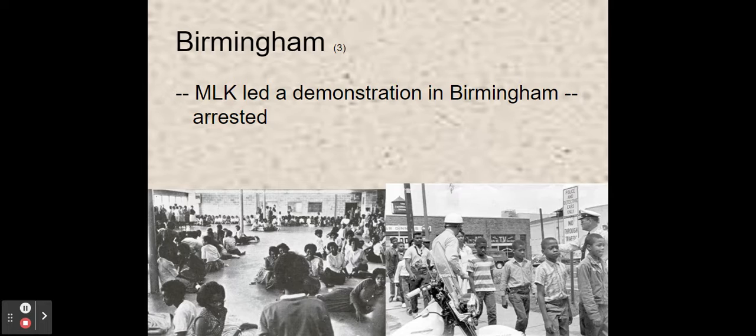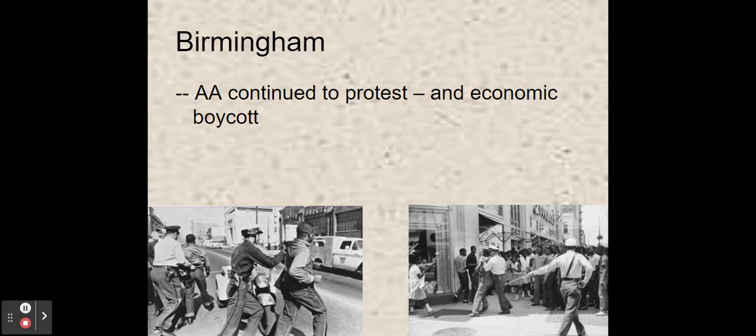He will be arrested. In response to him being arrested, his supporters will continue the protests and turn it into an economic protest, which means we're not going to patronize any stores. We're going to stand outside and protest the stores, but we're not going to go in.